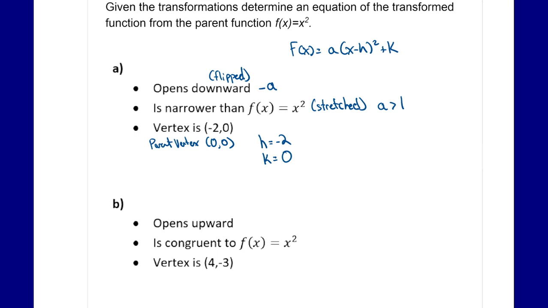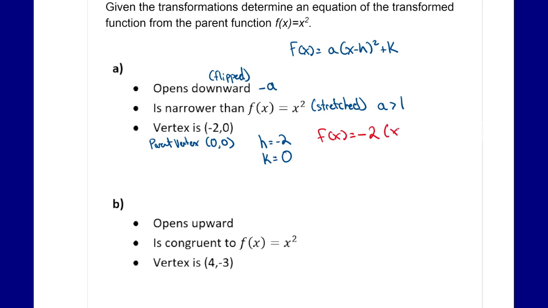So now that I have all this information, I can write my transformed function by plugging in the values for the variables. So f(x) is equal to, it has to be a negative a, it has to be greater than 1. For the sake of argument, let's just say it's 2. That's greater than 1. It could be 1.5, it could be 1.4, it could be 100. That would make it narrower. So we have our a value negative 2 because it's stretched.